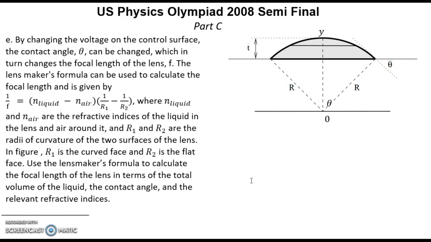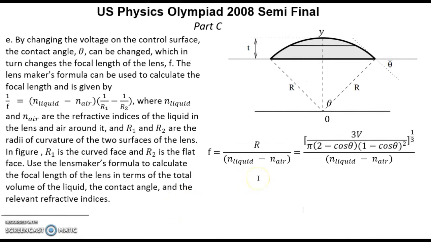Use the lens maker's formula to calculate the focal length of the lens in terms of the total volume of the liquid, the contact angle, and the relevant surface indices. Answer. This formula, the lens maker's formula, we can rewrite in the form of this one, because r2 equals infinity and 1 over r2 equals 0. So this is the expression for focal distance for a lens.